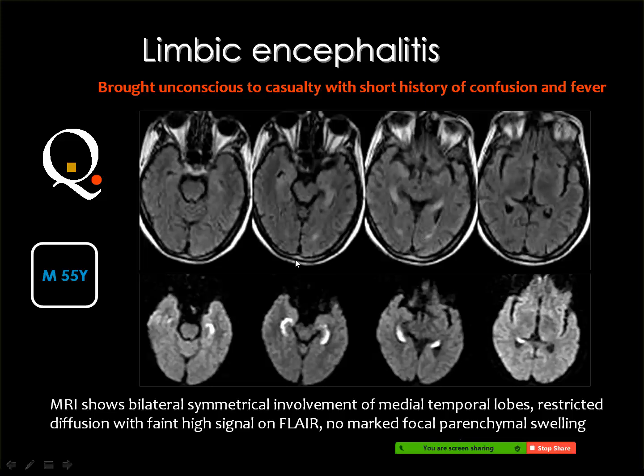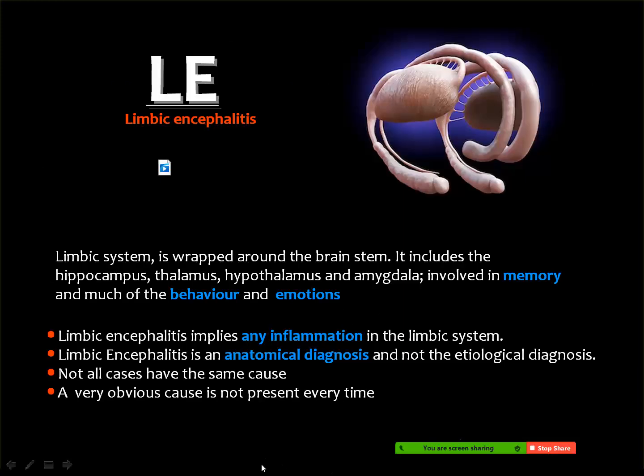You remember that if you have affection of the hippocampus and the amygdala on one side, which will appear as bright signal in the FLAIR images, then you say that this is mesial temporal sclerosis. But if you see bilateral lesions affecting the whole course of the hippocampal system, the amygdala, the hippocampus, the body, and the tail of the hippocampus, then you know that this is known as limbic encephalitis.